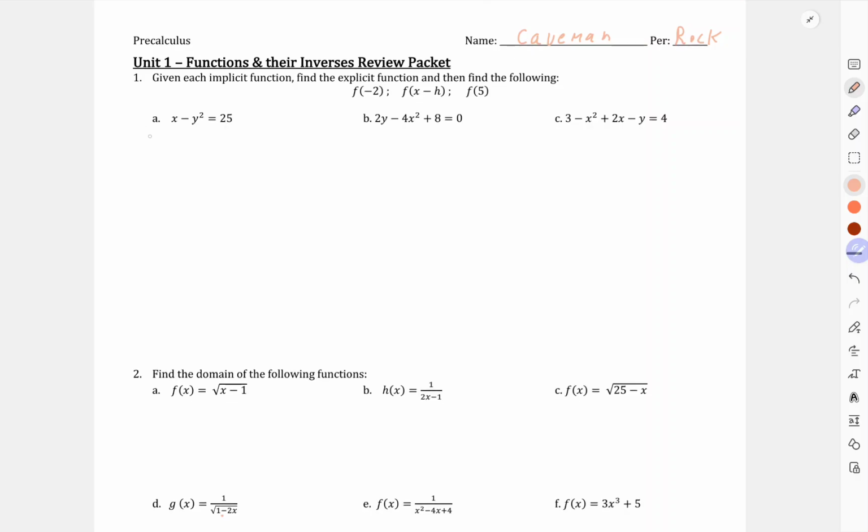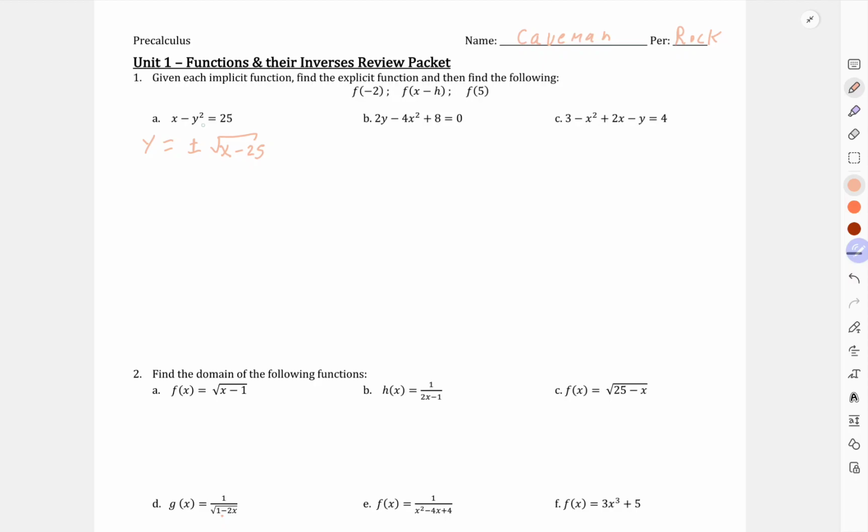So let's start out with the first one, right? First we need to write it in terms of y, right? So y equals plus or minus root of x minus 25, okay? Now that it is in terms of y, because when we brought x to the other side, it just turned into x and then minus, and then we had to root it because of y squared.